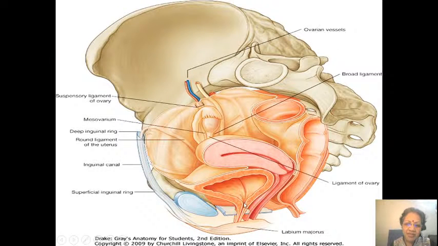Now if we do a hemisection through that, you see the bladder, urethra, uterus, and vagina. Obviously this half has been removed, so you're only going to see the right side, fallopian tube and ovary, related to the mesovarium, which is the fold of peritoneum of the posterior layer of the broad ligament to which it is attached, and the suspensory ligament of the ovary, which I said is the fold of parietal peritoneum from which the ovary seems to be suspended and kept propped up in its position in the pelvis, and the relation to the ureter.